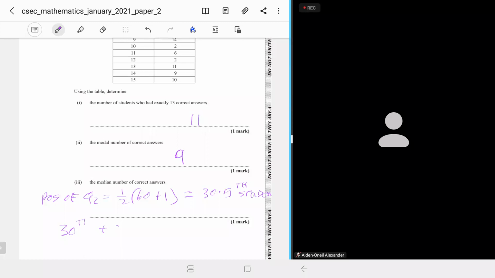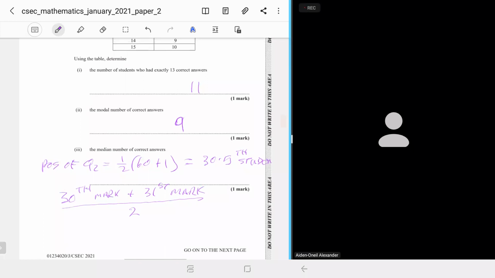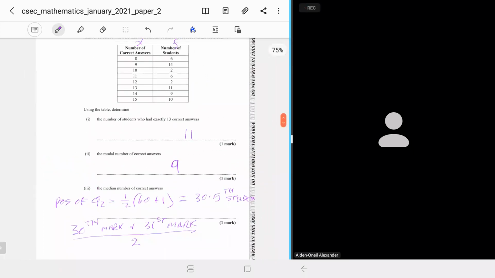The 30th mark plus the 31st mark. So, sir, it would be 12 and 13, sir. Divided by 2. Well, it's 12 and 13. So let's look at it.